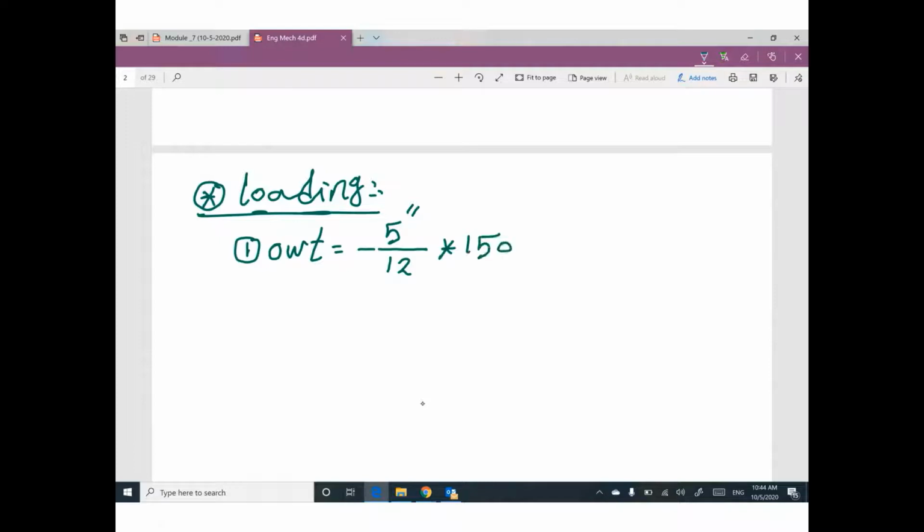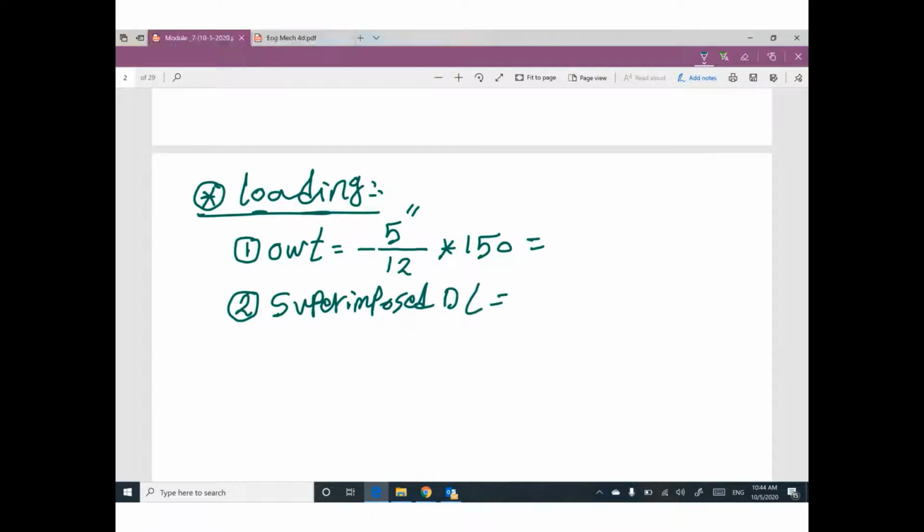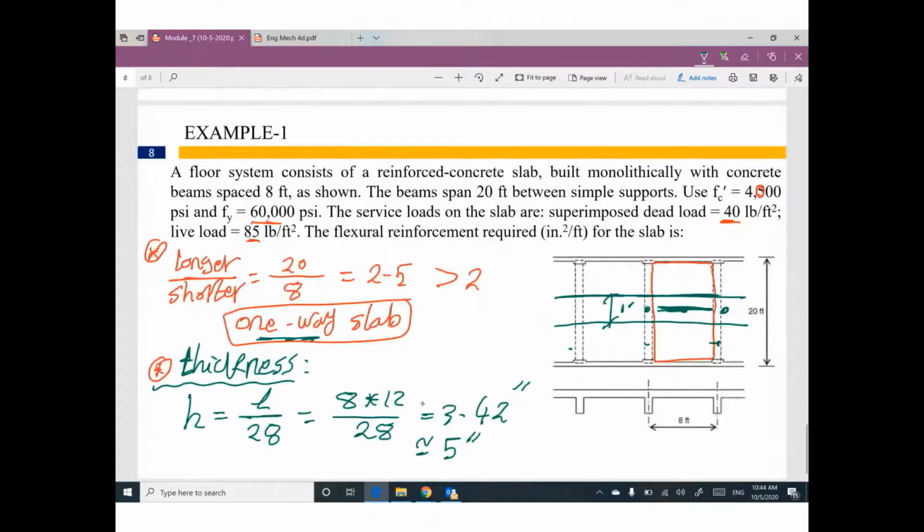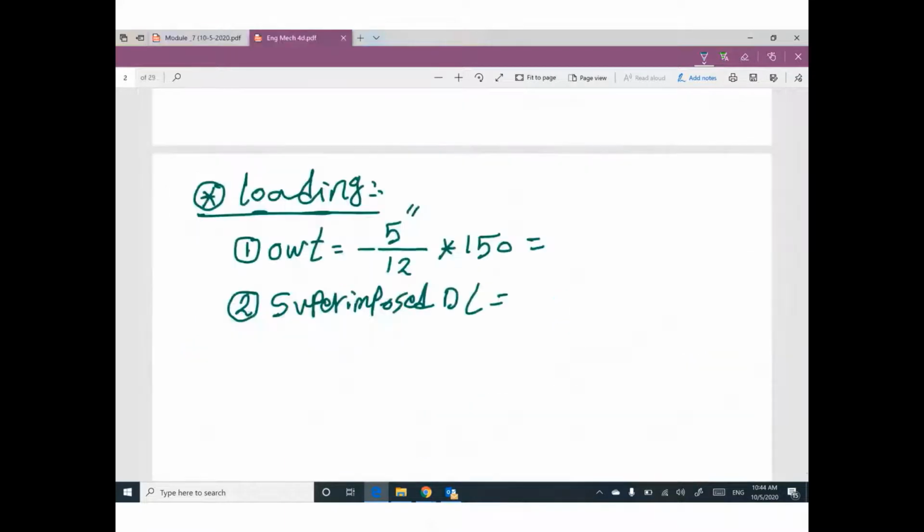Second load, which is called superimposed dead load, I think it's given. How much? 40 pound per square feet. Live load is given. You are lucky, so we don't need to open the table to figure out the live load.